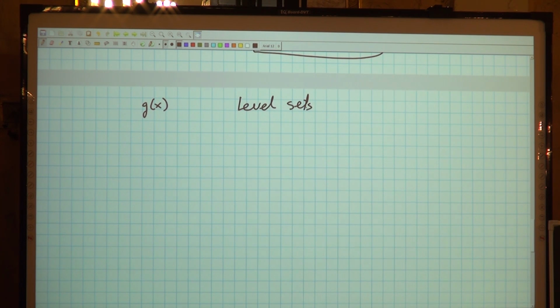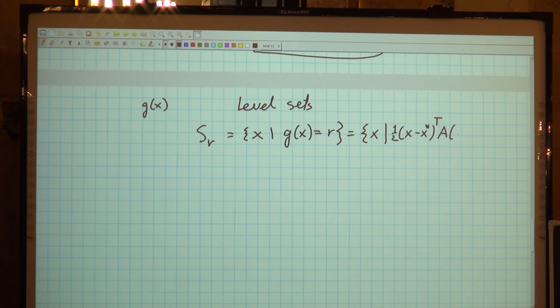Essentially, the set of x's such that g of x is equal to some r is the level set corresponding to r. What it really will be is the set of x's such that x minus x star, transpose A, x minus x star is equal to r.